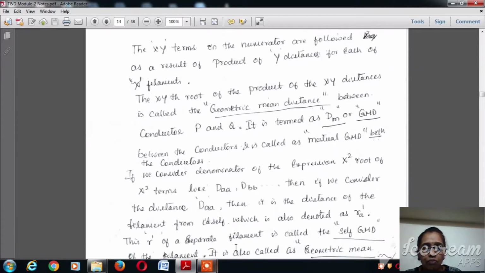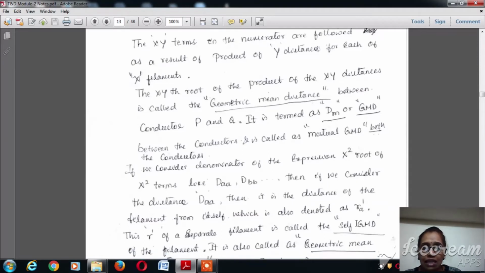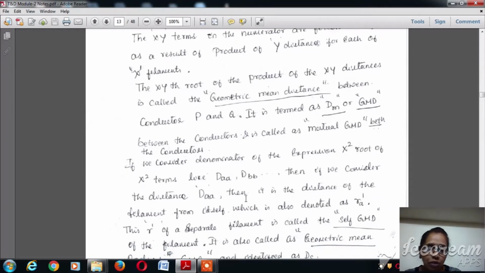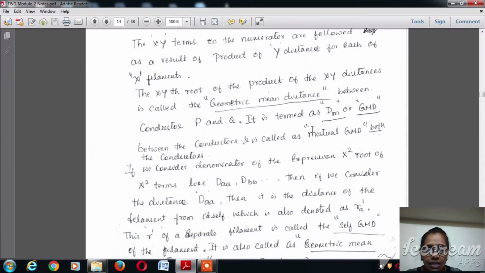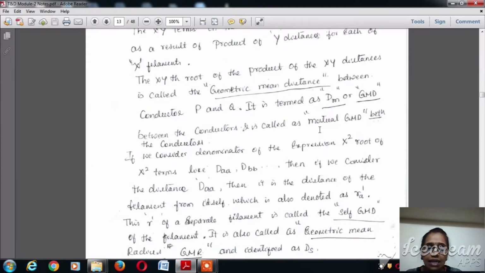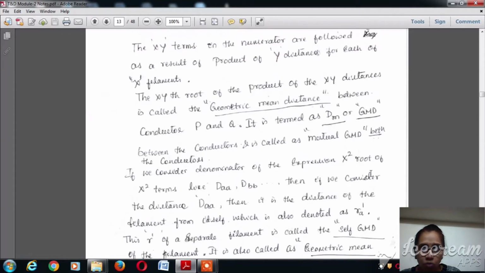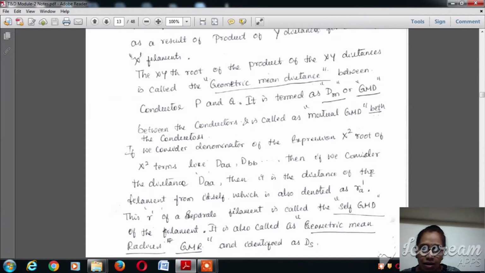This R of a separate filament is called the self GMD of the filament, self geometric mean distance of the filament. That's why we observe here that the denominator terms are DAA and then DBB, all this. So when we consider these terms, this is called the self GMD of the filament. It is also called the geometric mean radius, GMR, identified as DS. So the denominator has the GMR, which is identified as DS.